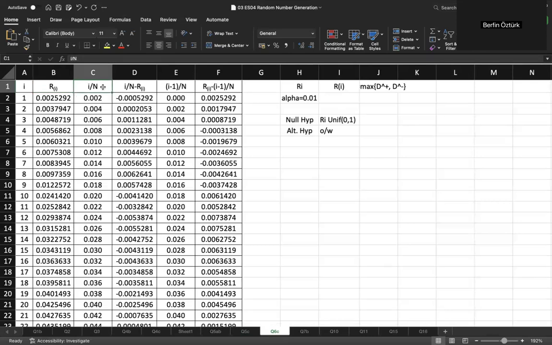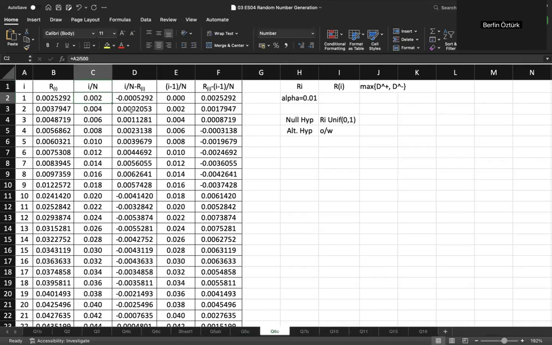Now here we are computing the i over n value, and i is, in this column, 1, 2, 3, 4, it goes on like this. It's like the iteration, and n is the sample size. So what was our sample size? It was, I think, 500. Let me check. Yes, it's 500 random numbers.